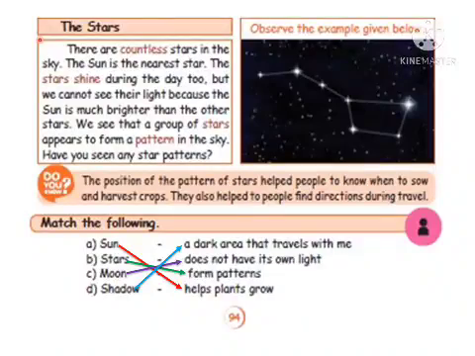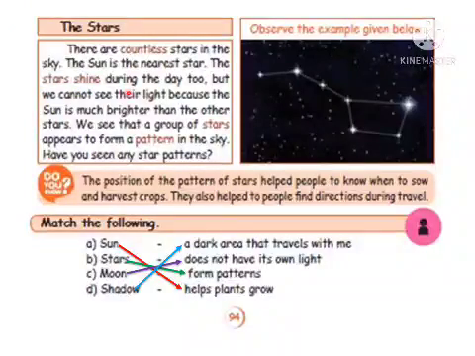Next, we are going to learn about the stars. See the picture. Observe the example given below. There are countless stars in the sky. The sun is the nearest star.